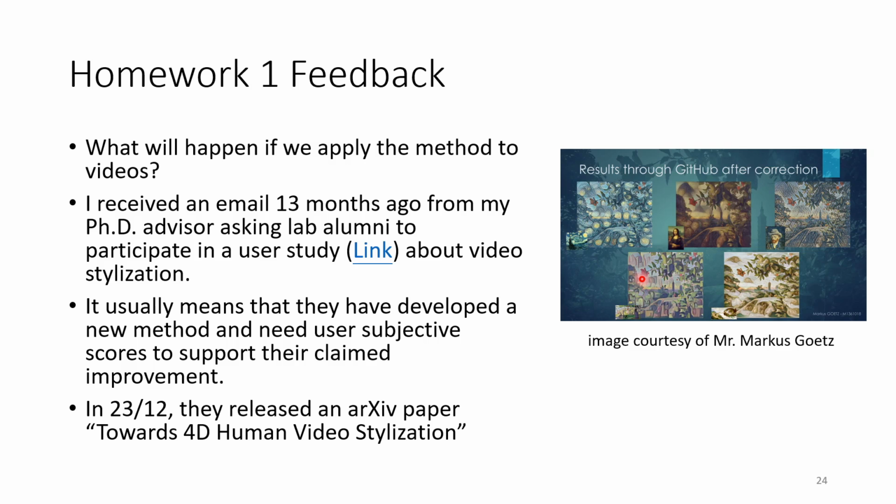Okay, fine. So this presentation reminds me of a thing. 13 months ago, I received an email from my PhD advisor. He asked all lab alumni to participate in an online survey. Let's take a look. What is the online survey?